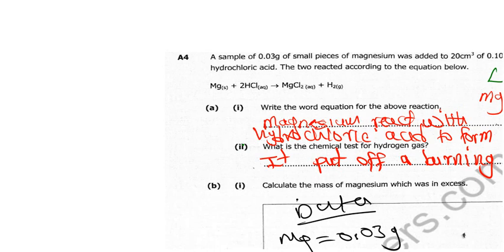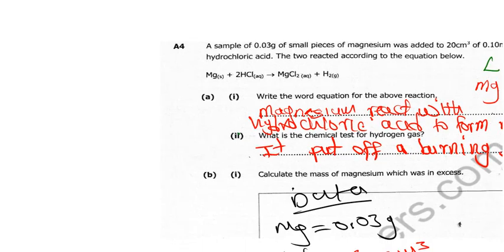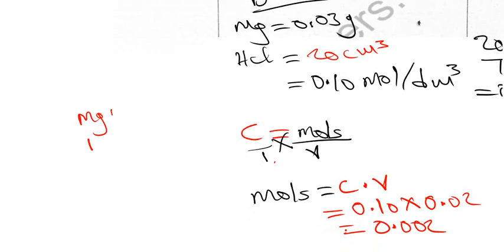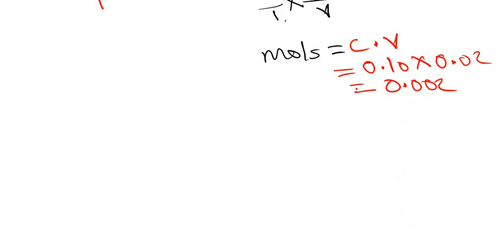So we are comparing these coefficients, which is 1 to 2. This simply indicates that they are reacting in the ratio of 1 to 2. This means that one magnesium is able to react with two hydrochloric acid compounds. So that's their molar ratio.